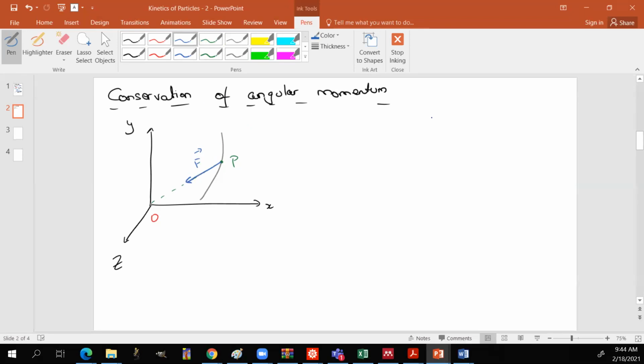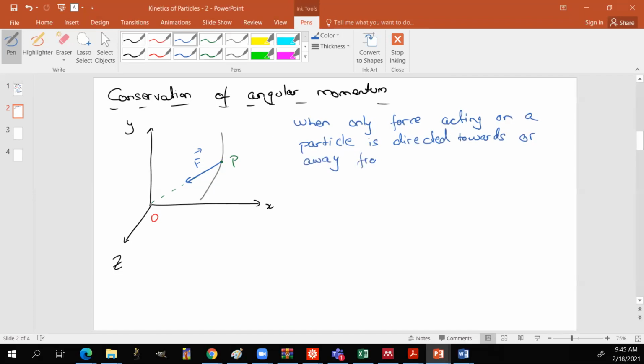So the conservation of angular momentum only applies when the only force that is acting on a particle is directed towards or away from, it can also be in the opposite direction, a fixed point.